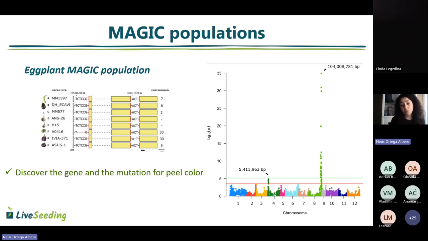Normally, we won't commercialize purple eggplants, but they discovered that a mutation in this transcription factor caused the peel to become greener, and this devalues it. So it's interesting to have these tools to easily say which lines have better fruit quality than others.